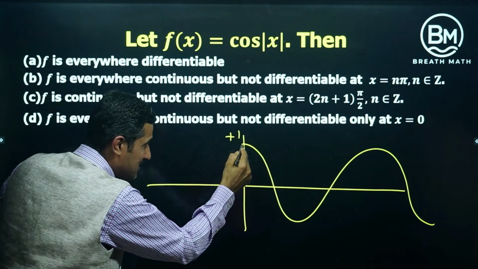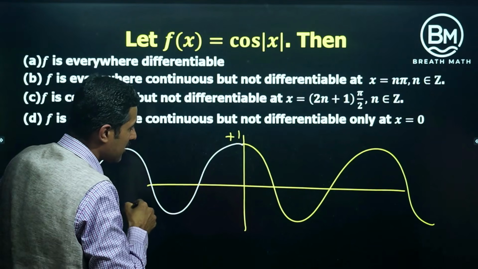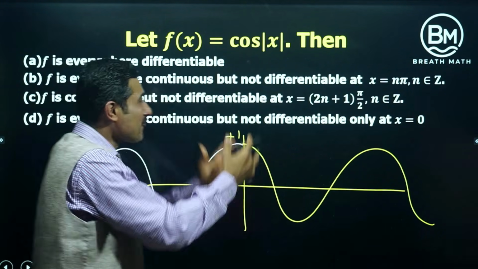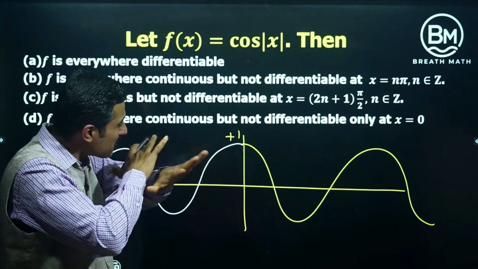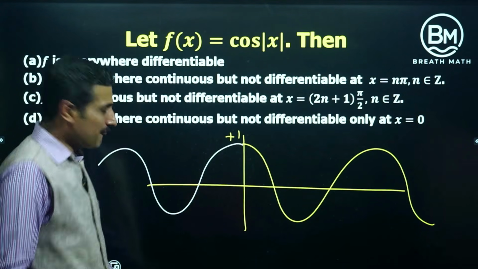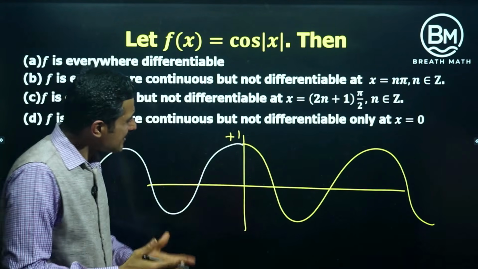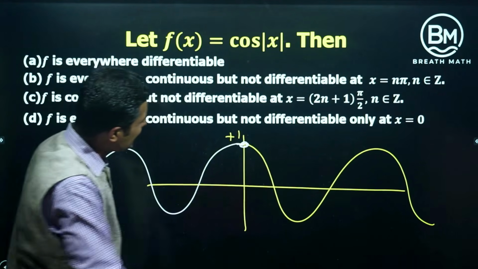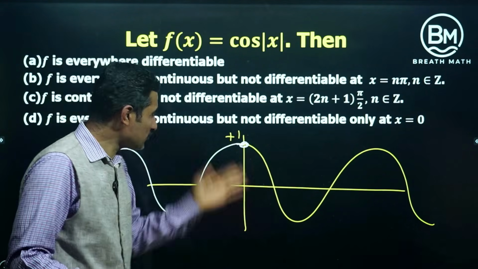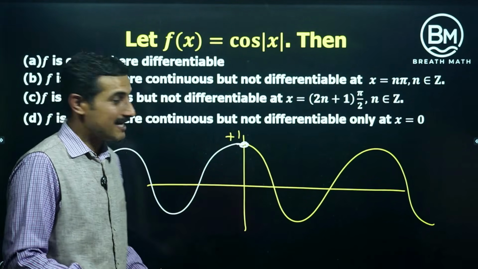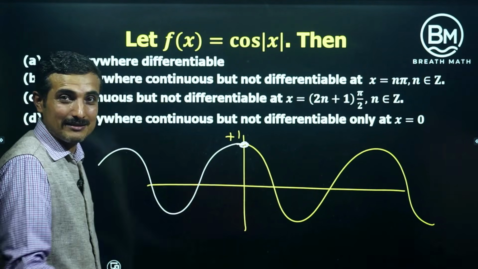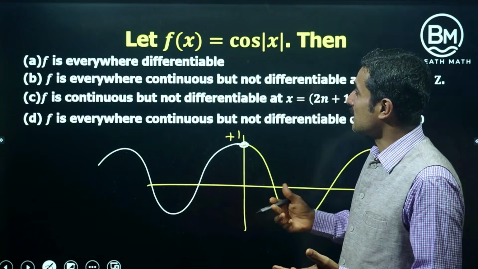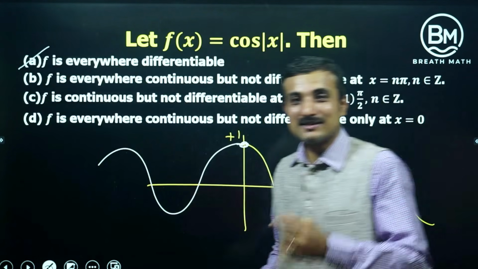Now you take the mirror image about y-axis, but you realize that there is no sharp edge. For cos of mod x, there is no sharp edge in the graph. In fact, it's exactly same as the original function cosine x. Did you see that magic? There is no sharp edge at all. Smooth edge at x equal to 0. So the conclusion is it is everywhere differentiable. It is everywhere continuous. So which option is correct? Look for correct option. F is everywhere differentiable. Option A is the correct answer.